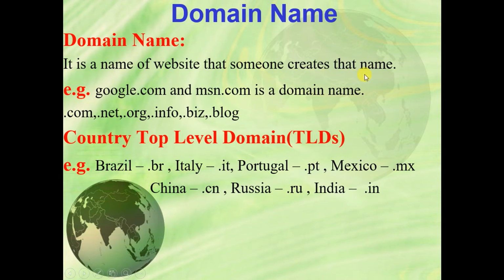For example, you want to give a website the name test.com, abc.com, a company name, organization name, or your own name. This is like google.com. This is the Google website, and google.com is a domain name. And msn.com is also a domain name.